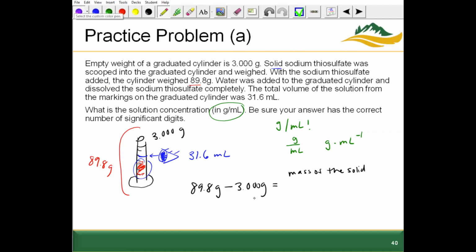When we do the subtraction problem, we will get 86.800. Now, before moving on to the next step, because this is subtraction, we can have either 1 digit past the decimal point or 3, and we are going to go down to 1, right? So this is going to be 86.8, just 1 digit past the decimal place. So that's the mass of the solid that we have so far.